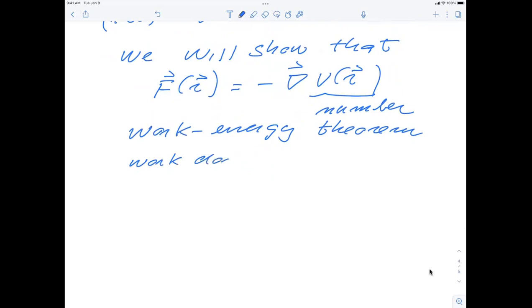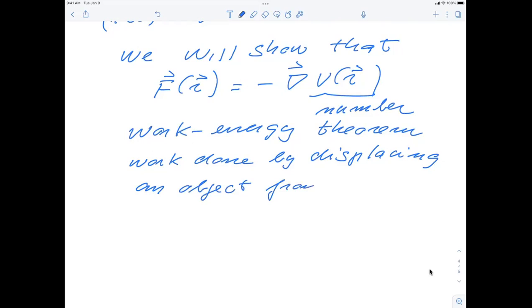So let's bring in some definition here. By displacing an object and acting on that object with a given force, by displacing an object from a position R to a new position, which we just call R plus a small change d of R.